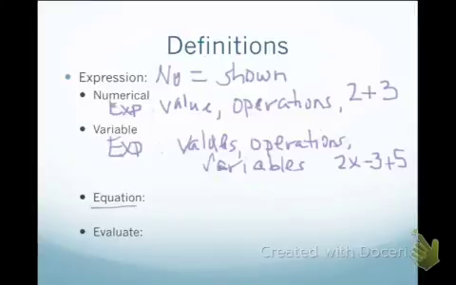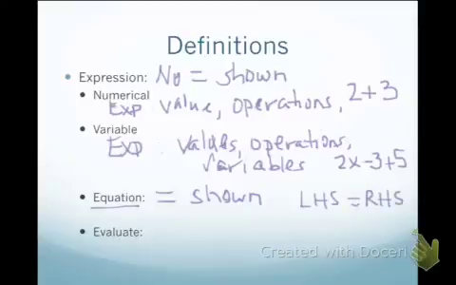Moving on, we have the word equation. An equation means that there is an equal sign shown. It means for us that we have two sides that are created, a left-hand side and a right-hand side. And typically on either side, you could have numerical expressions or variable expressions or both.